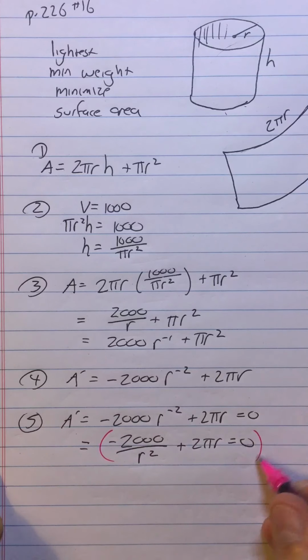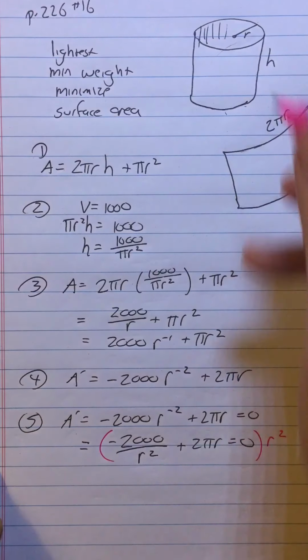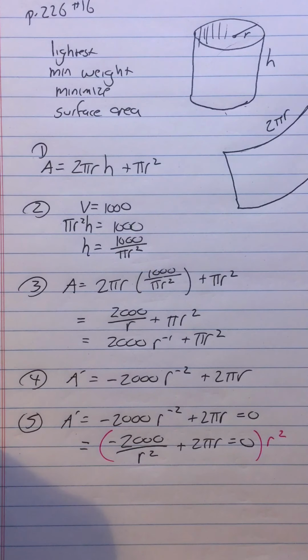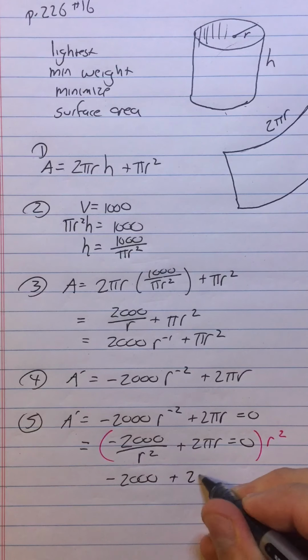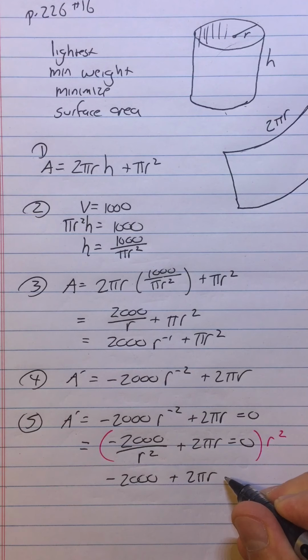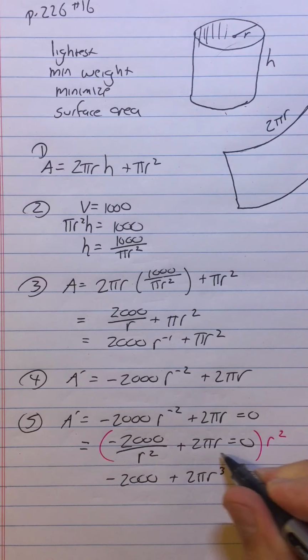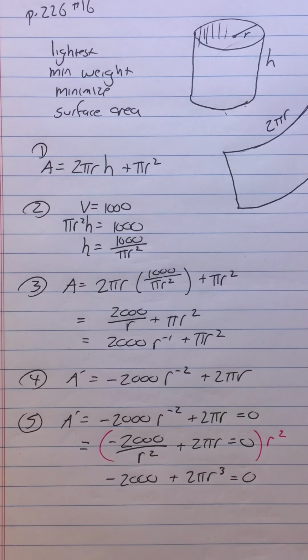Could I multiply both sides by r squared? I can, as long as r squared is not 0. Well, r is not 0, or I wouldn't have a can. So yes, I can multiply by r squared, and then I get negative 2,000 plus 2 pi r cubed equals 0.